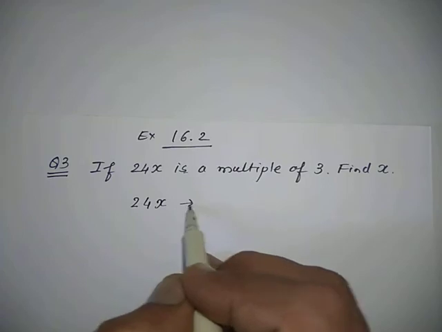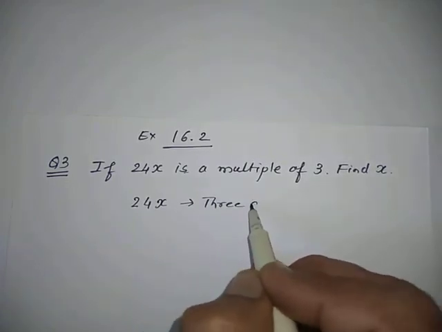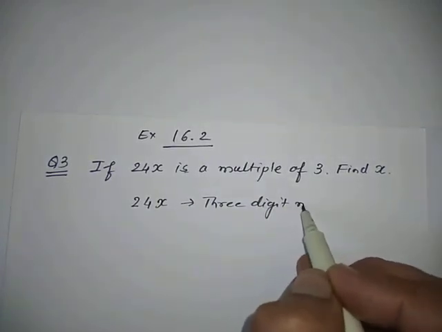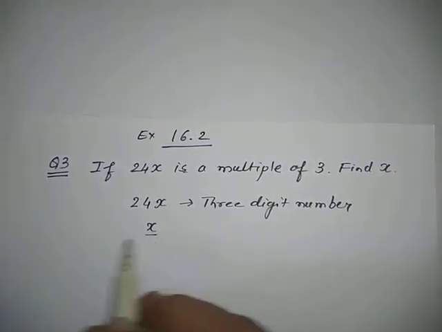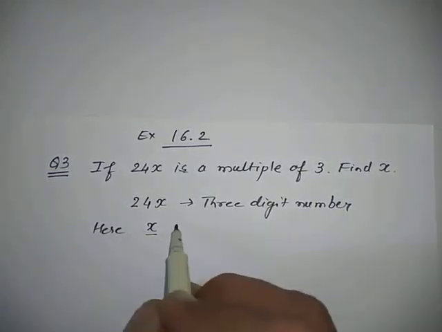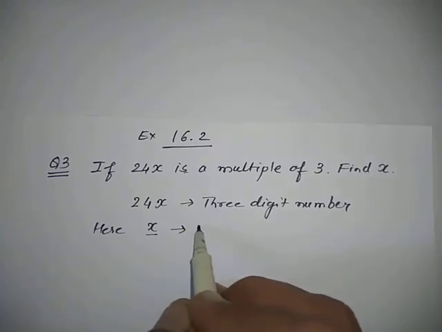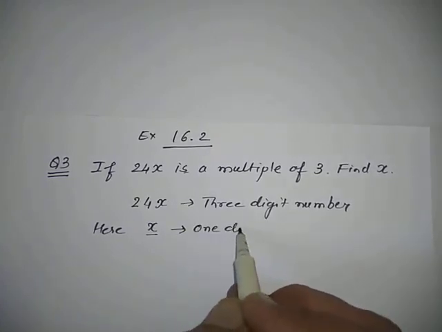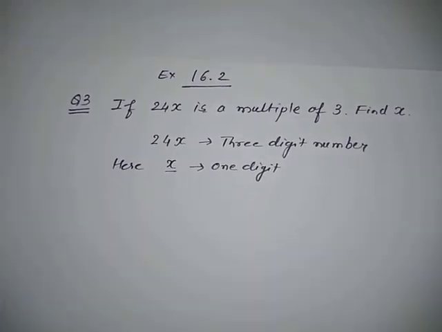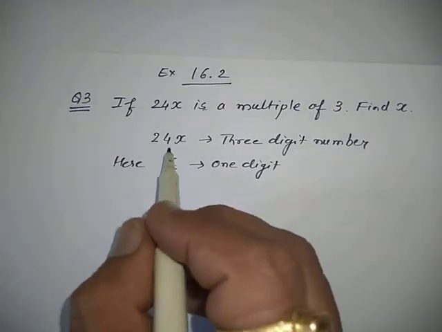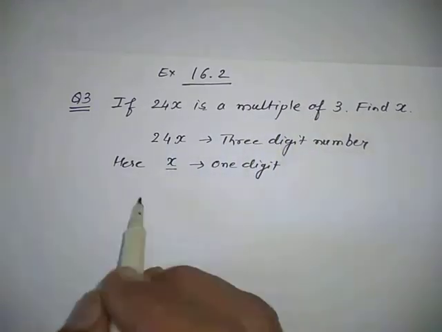Here x is a 1-digit number, so we can take a 1-digit value only, not 2-digit, and it is a multiple of 3.